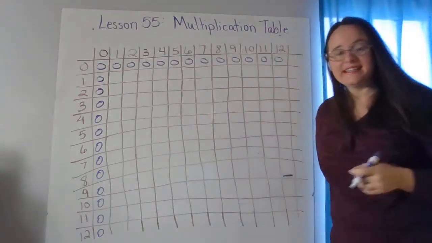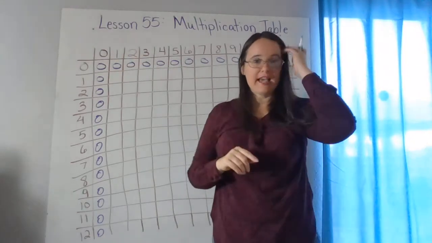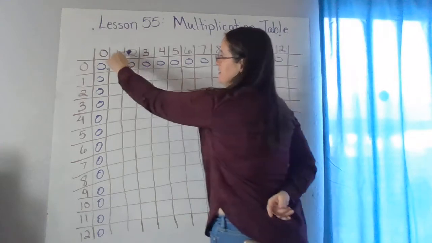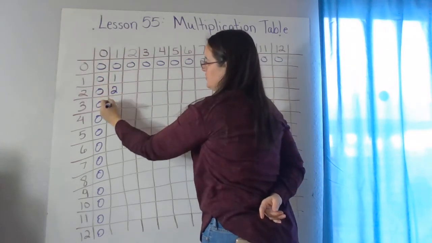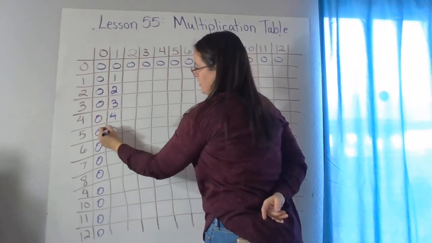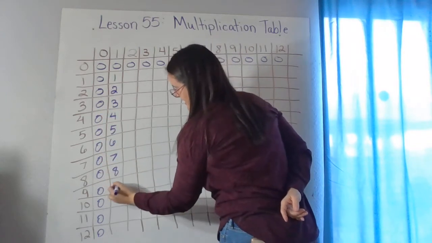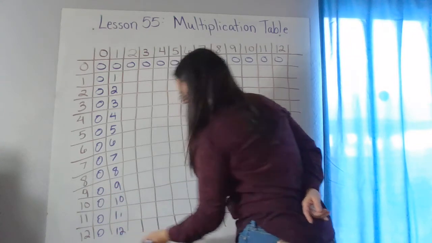All right, my next column is times 1. So that means I'm counting by 1. So here, times 1, I have 0, 1, 2, 3, 4, 5, 6, 7, 8, 9, 10, 11, 12.